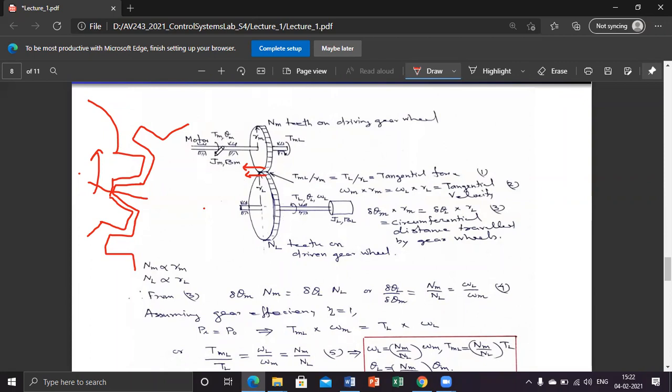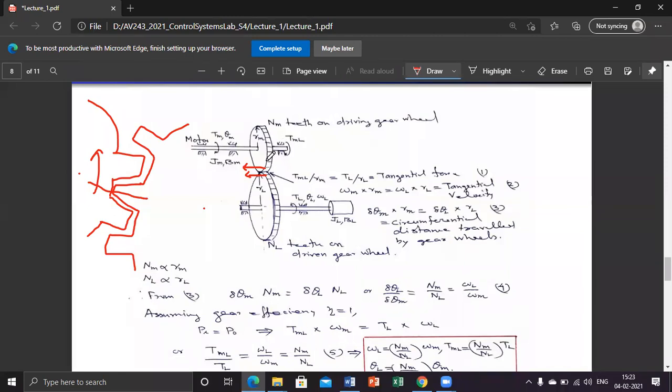Motor produces the total torque Tm, and Tm is partly consumed to accelerate its own moment of inertia and also to overcome bearing friction, whatever it is. The remaining portion only will be available for getting transmitted through the gear to the load. The portion of the motor torque which is getting transmitted to the load shaft is known as TML, but remember that TML is still expressed with respect to the motor shaft only.